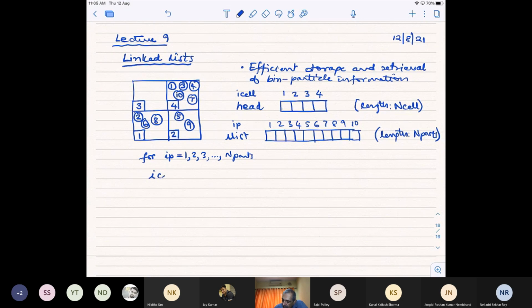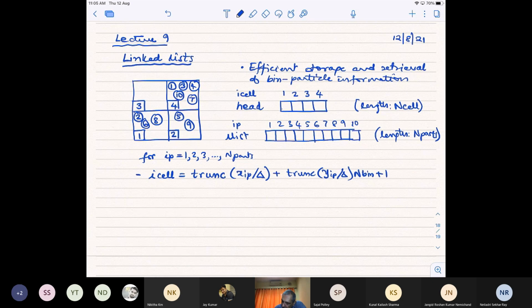The first step is to calculate the cell number. If you are given the positions of the particle, we know the formula for calculating that: xi divided by delta, plus the other terms divided by delta, into n bin, plus 1. So for particle 1 this gives me the I cell number.